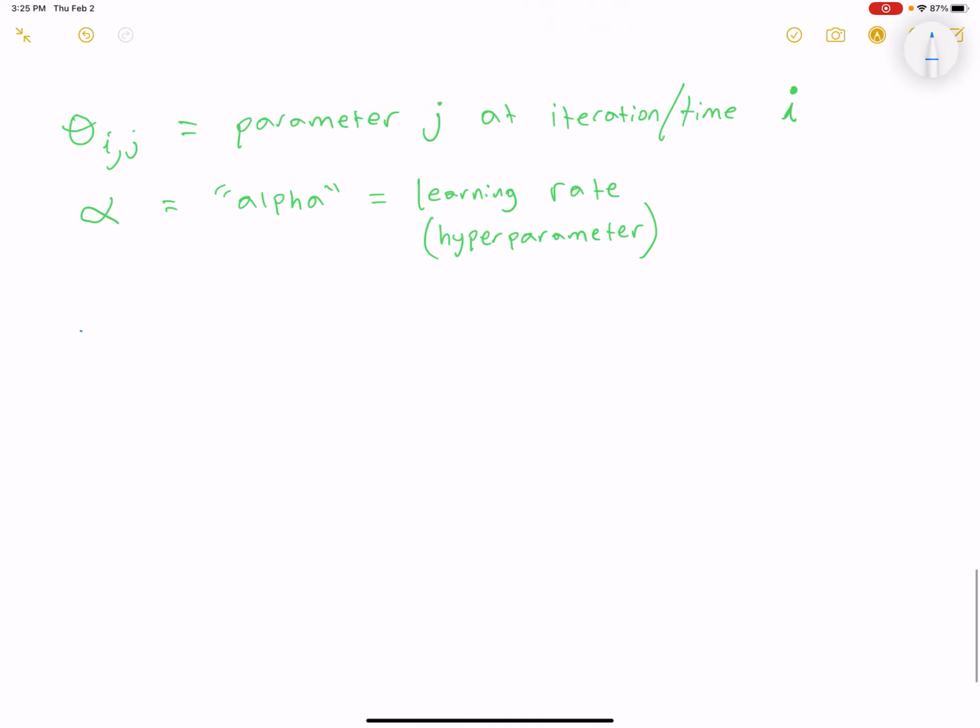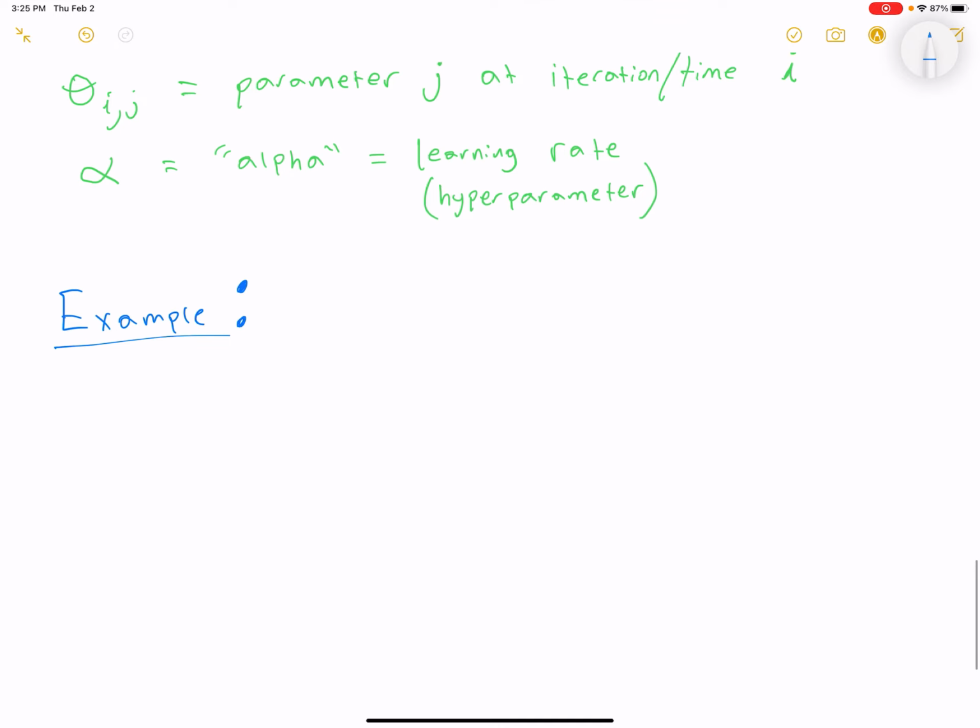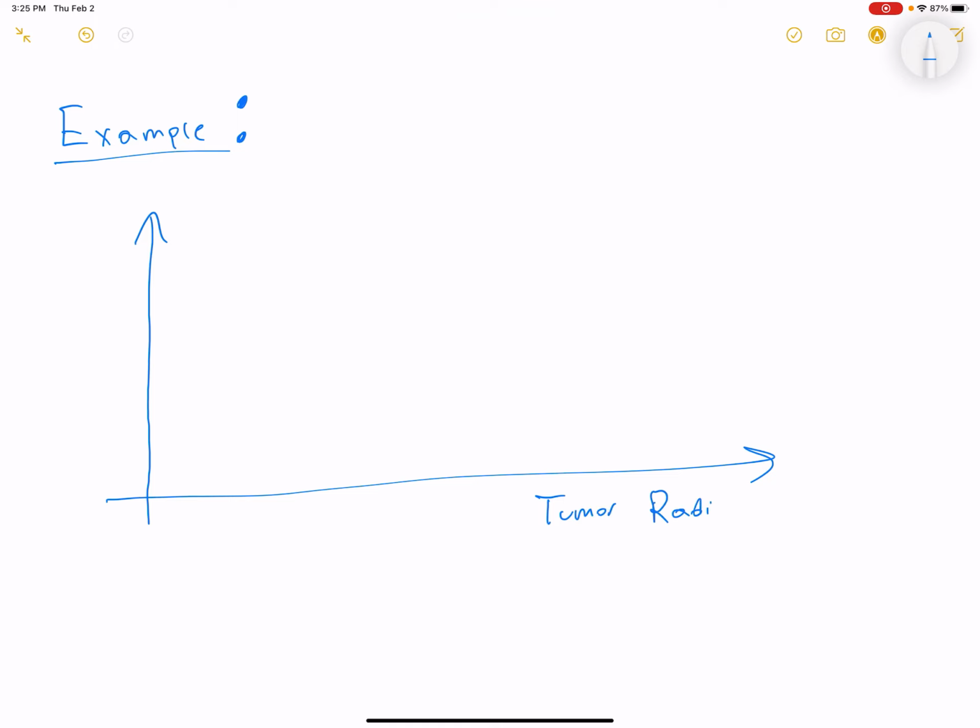So let's look at a concrete example of one iteration of gradient descent for linear regression. Let's say we have a data set, let's go back to cancer. So tumor radius on the x-axis, and on the y-axis we'll change it up.